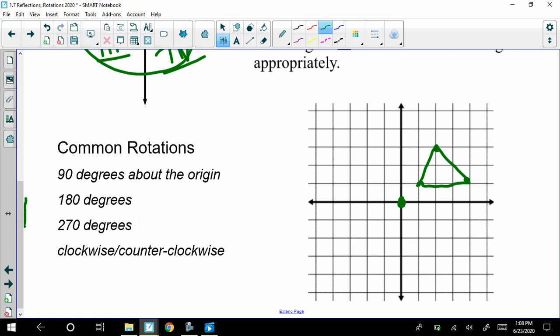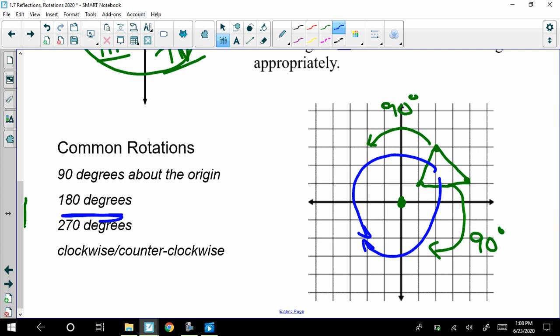We go 90 degrees in this direction would be clockwise. 90 degrees in the other direction would be counterclockwise. Notice 90 degrees moves every point one quadrant over. So we just move one quadrant over. 180 degrees goes into the opposite quadrant no matter which way we go.